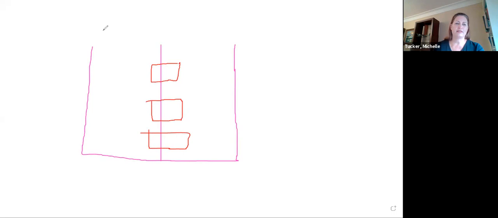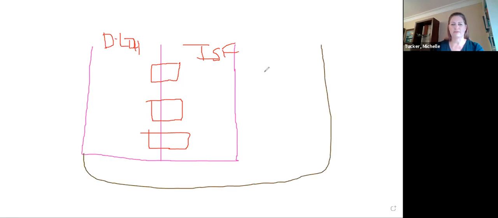So if we are in the descending loop of Henle, this is the interstitial fluid of the medulla, and then the loop comes back over here, and this would be our ascending limb.